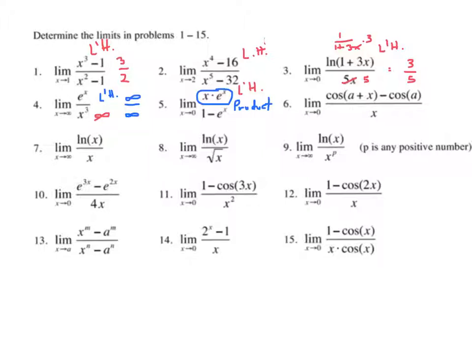This is actually the definition of a derivative, but you could definitely use L'Hopital's rule here, remembering that a is constant. So the derivative of it would be 0. So you'd end up with, when you do L'Hopital's rule, the derivative being negative sine of a plus x over 1, because the derivative of this constant would be 0.